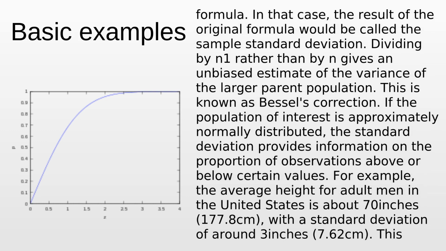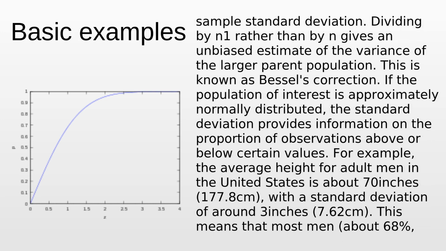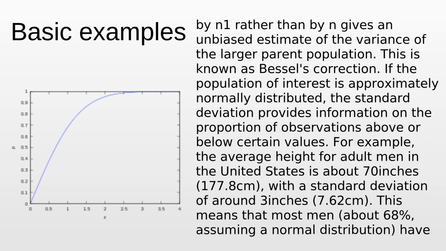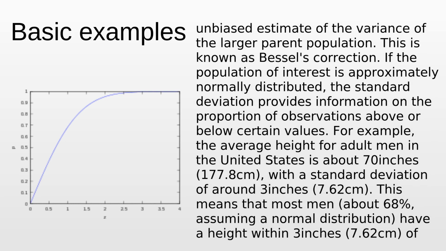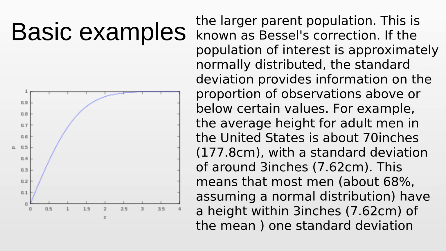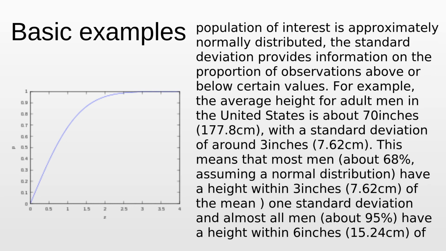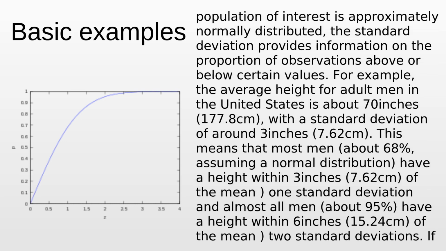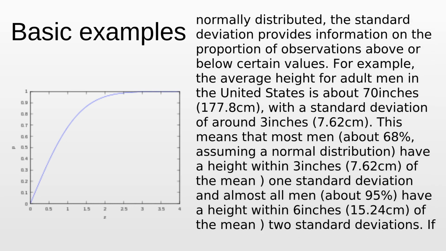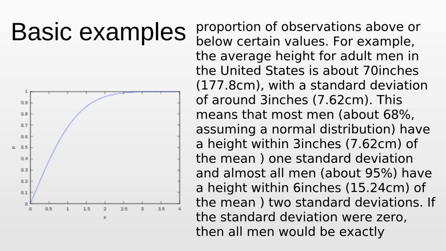If the population of interest is approximately normally distributed, the standard deviation provides information on the proportion of observations above or below certain values. For example, the average height for adult men in the United States is about 70 inches, 177.8 centimeters, with a standard deviation of around 3 inches, 7.62 centimeters.